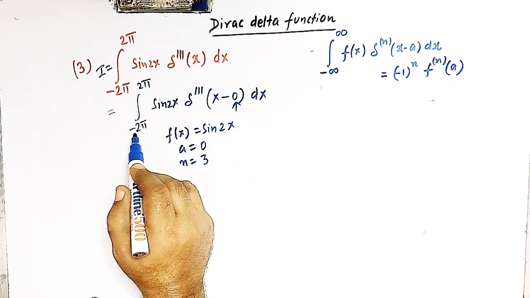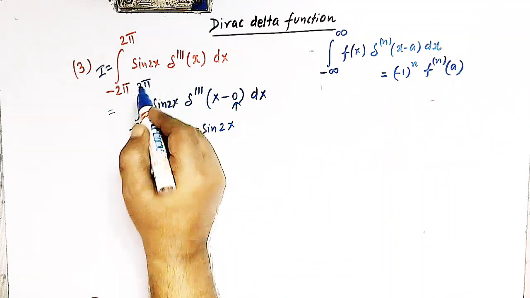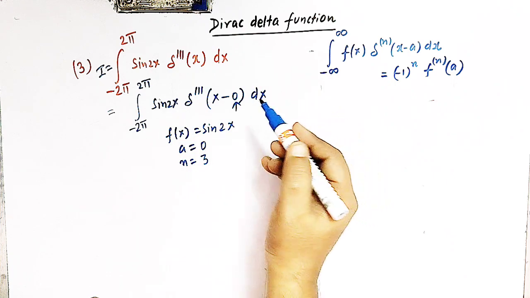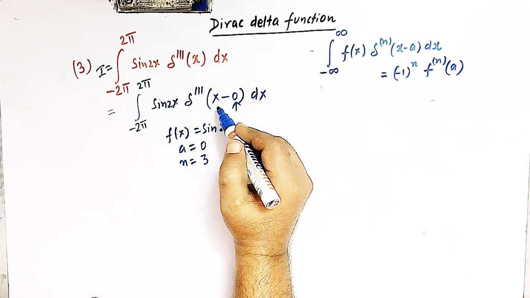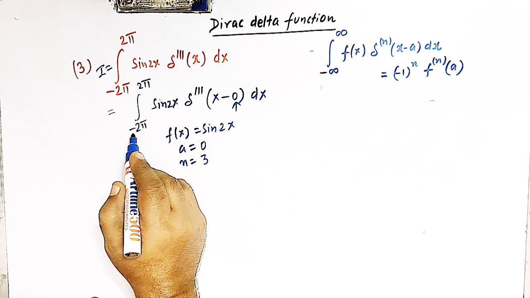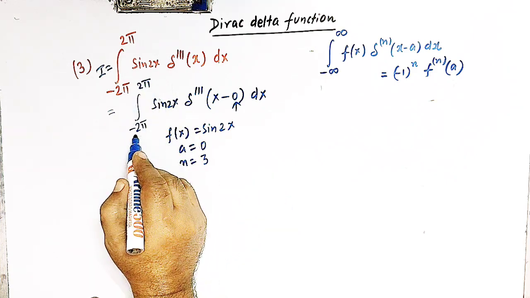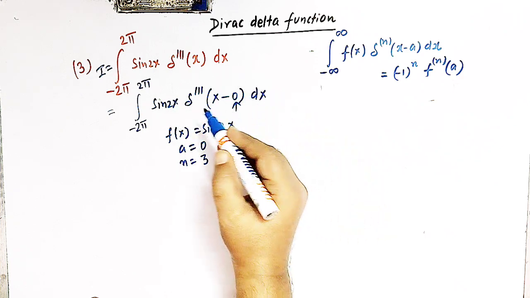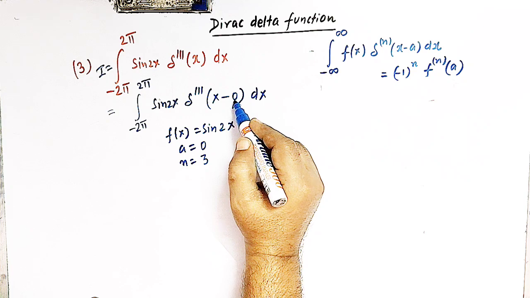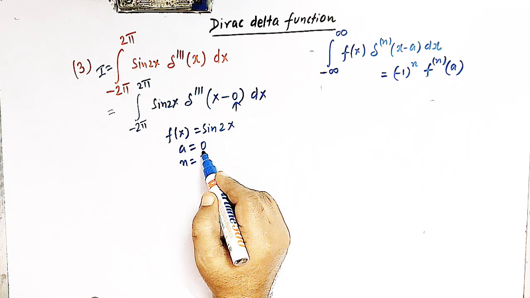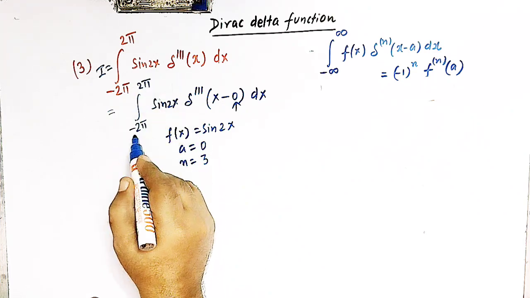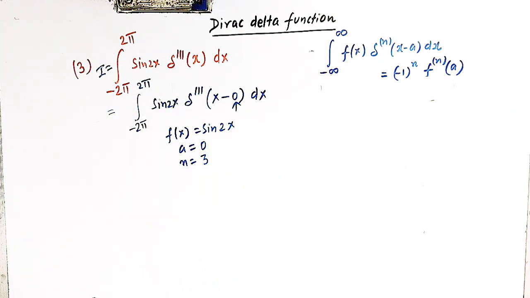And moreover, here the limits of integration are from minus 2 pi to 2 pi, but here we have minus infinity to infinity, and again the same reason follows, because this point, that is a is equal to 0, it belongs to this interval, right? So because we know that the delta function is 0 except at this point, that is a is equal to 0. So this point a is equal to 0 belongs to this interval minus 2 pi to 2 pi, right?